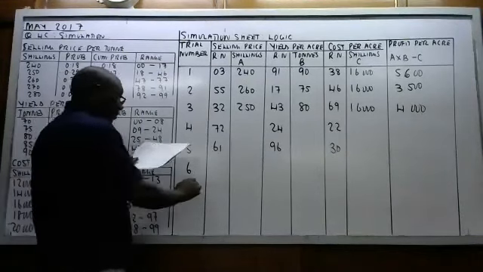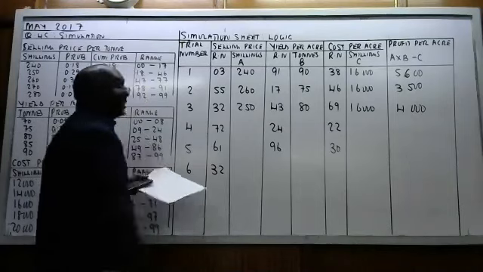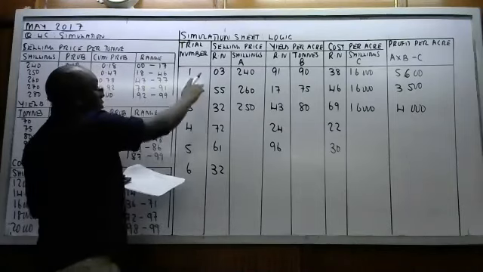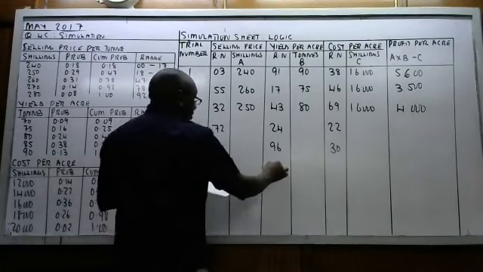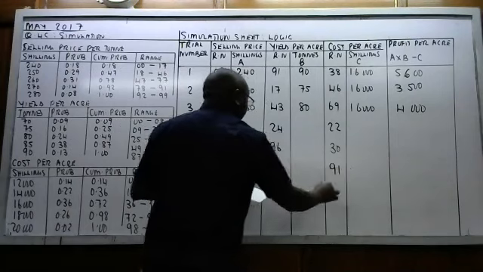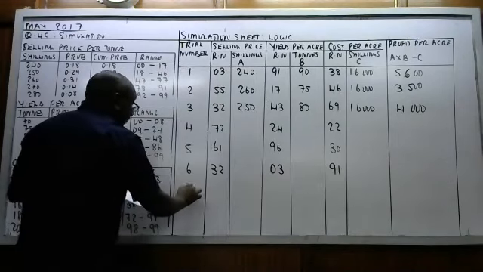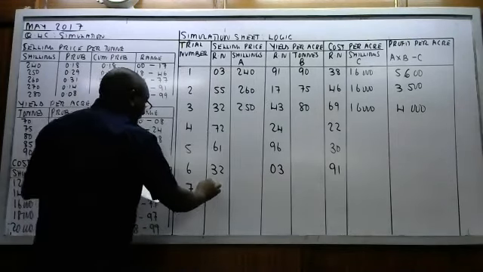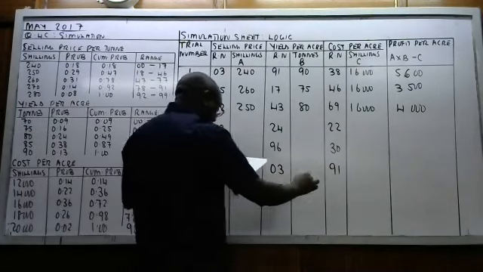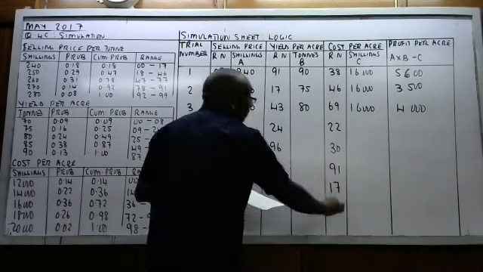The next one is that 2. If they get exhausted before you are through with the runs that you want, you start repeating. So now we say 03, this is 91. Then number 7, you put 38, 55, and 17.